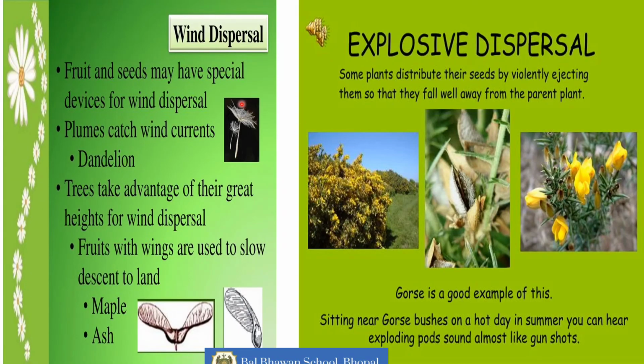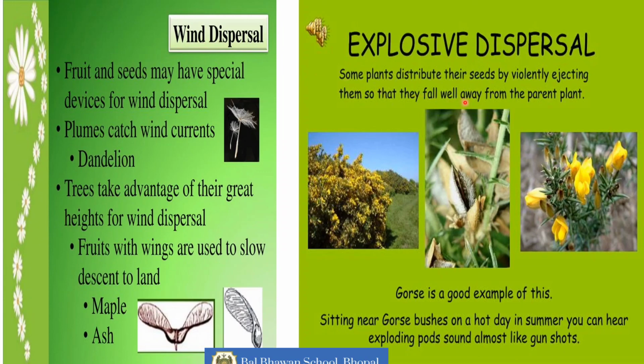Now come to the next way of seed dispersal, that is wind dispersal. For the seeds to disperse by wind, it is important that the seed should be light in weight and have structures like wings or a parachute which help them in dispersal. We have examples like maple seed and ash seed, and cotton and dandelion which are dispersed by wind.